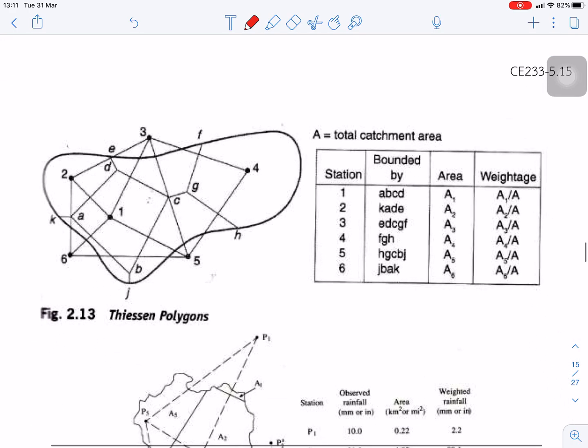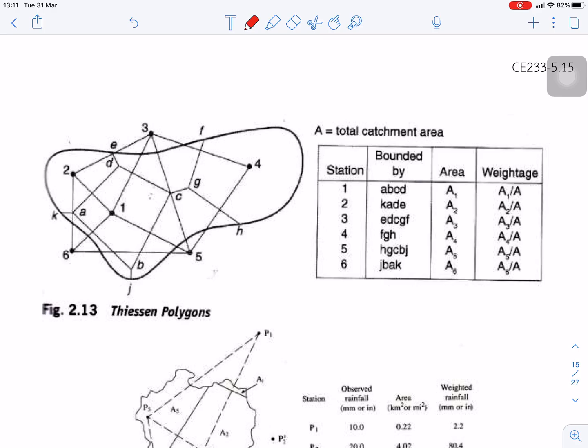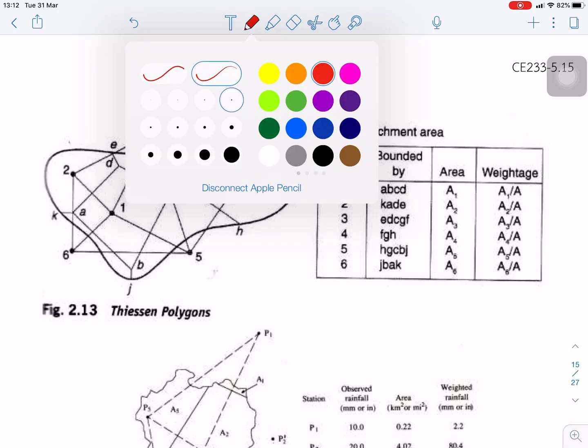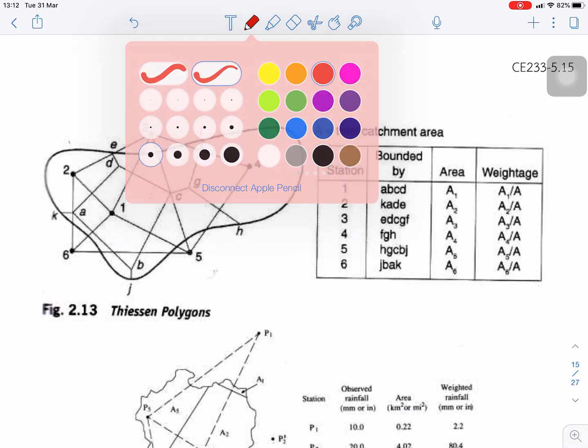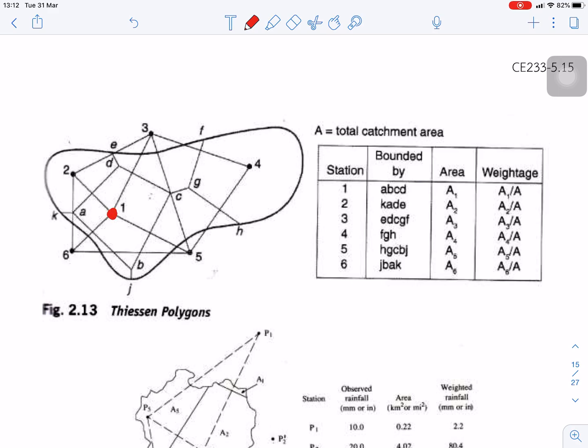Now this shows an example of how to do the calculation. So you have 5 rain gauge stations, 1, 2, 3, 4, 5, and we make the polygon lines. The polygon lines are now shown in this one.